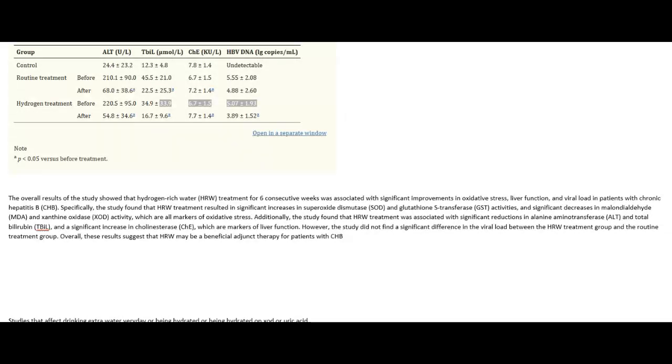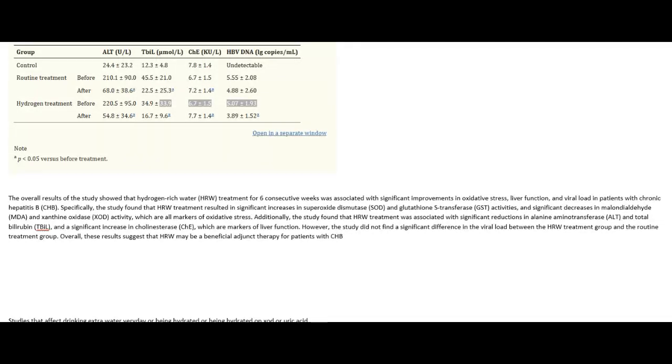The study found that hydrogen-rich water treatment was associated with reductions of alanine aminotransferase and total bilirubin, and a significant increase in cholinesterase, which are markers of liver function. However, the study did not find a significant difference in viral load between the hydrogen-rich water treatment group and the routine treatment group.